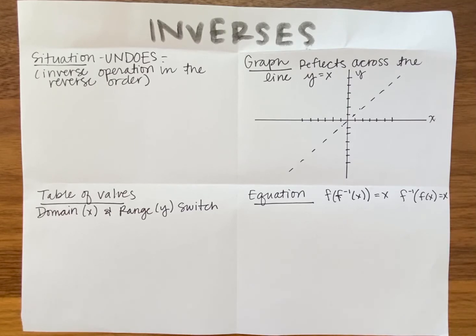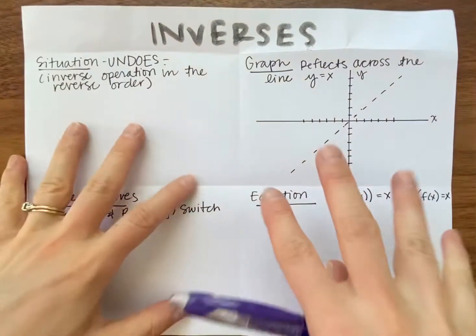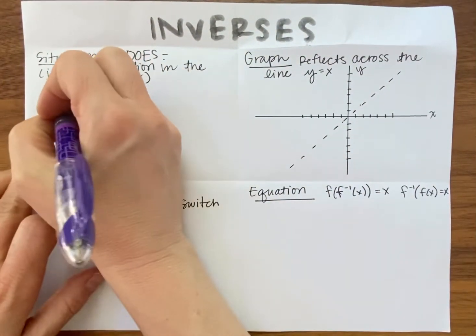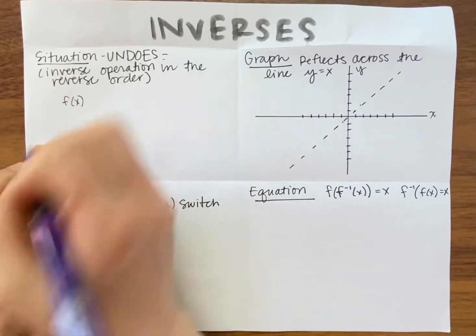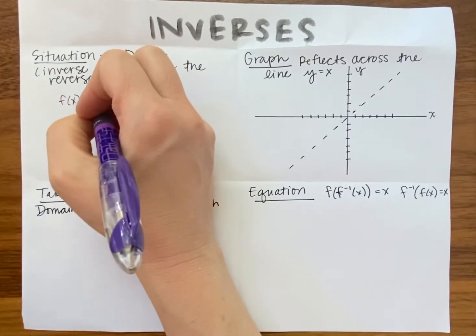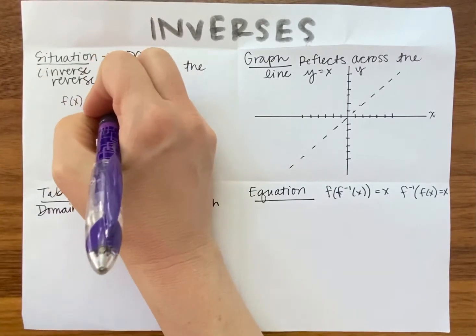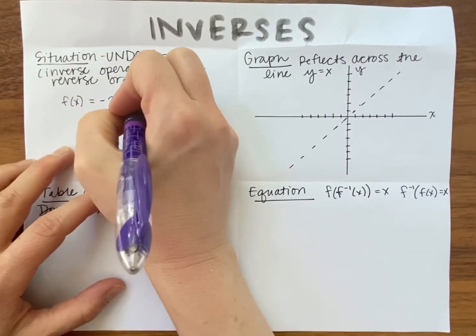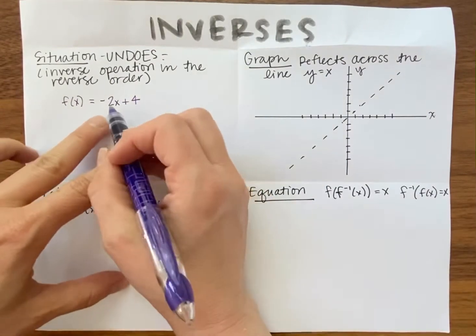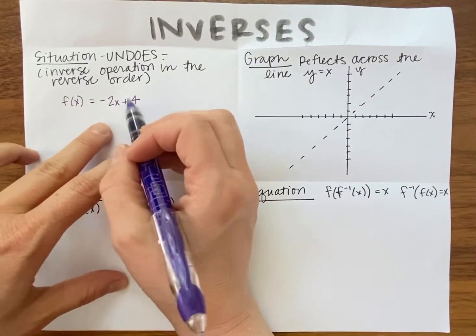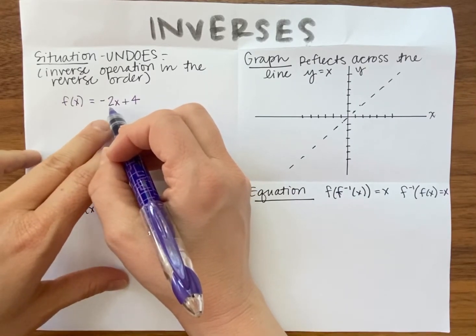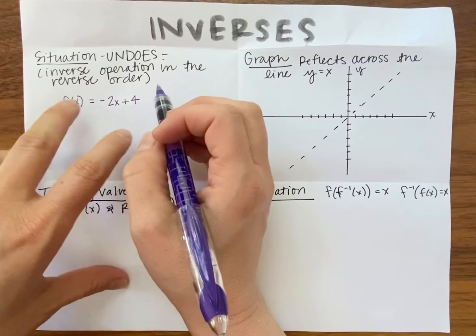Now, if we consider an actual function and go through each one of these, maybe it'll help. So let's say we have the function f of x, we could also say y, is equal to negative 2x plus 4. Now, if I wanted to say this using math, I would say, take a number, multiply it by negative 2, and then add 4.